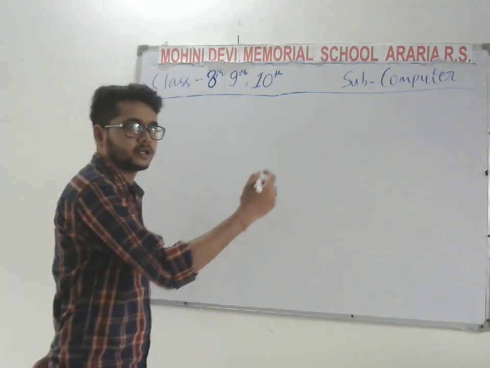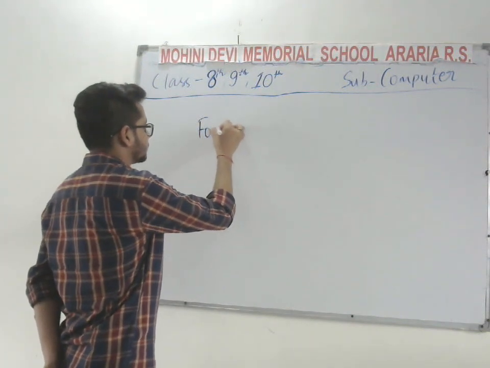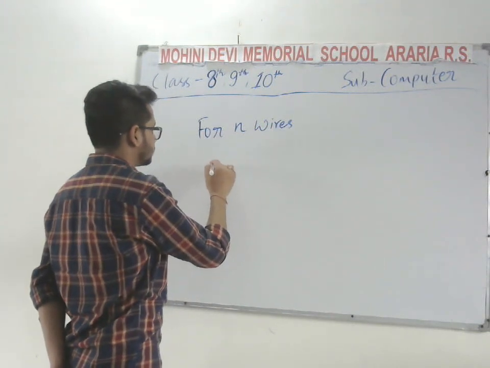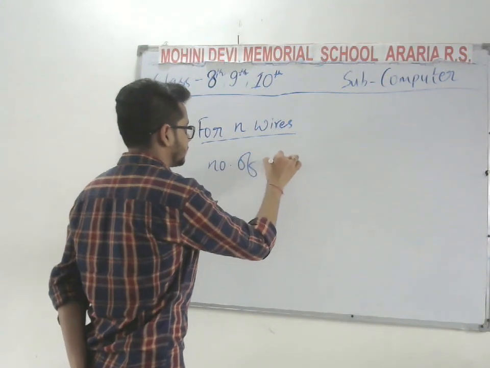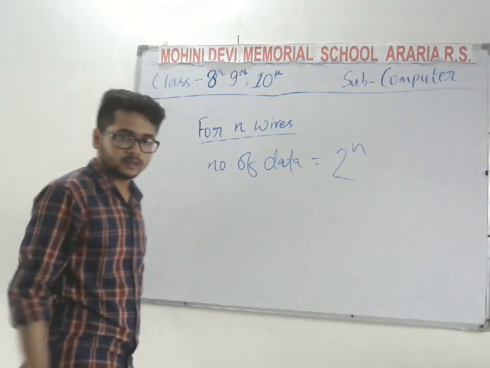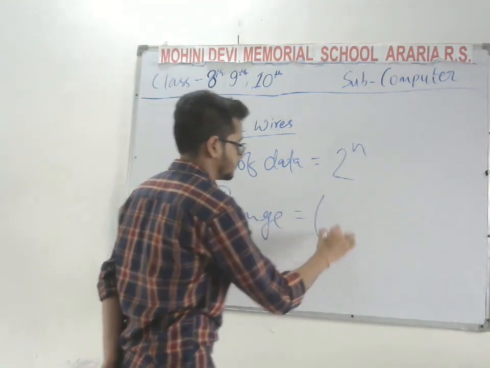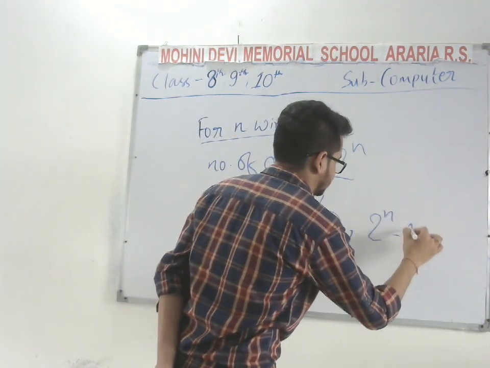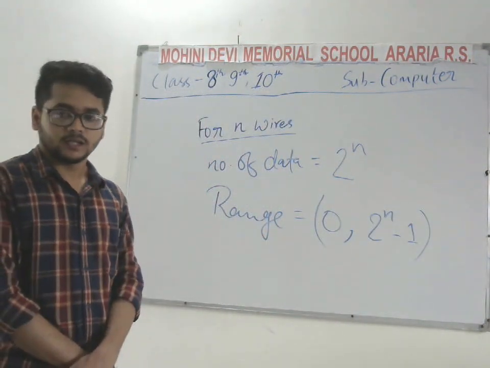So for n wires, the number of data is equal to 2 to the power n, and the range will be 0 to 2 to the power n minus 1.